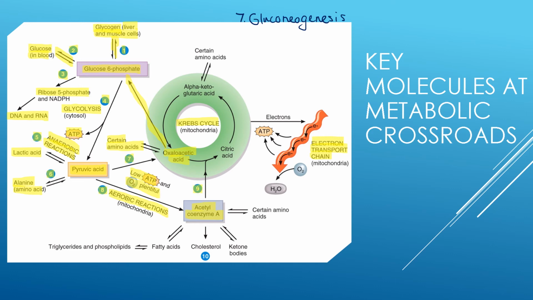Acetyl-CoA at number 9 can also enter into the Krebs cycle, and it will enter into the Krebs cycle to create those reduced coenzymes, NADH and FADH2, to create ATP through the electron transport chain.